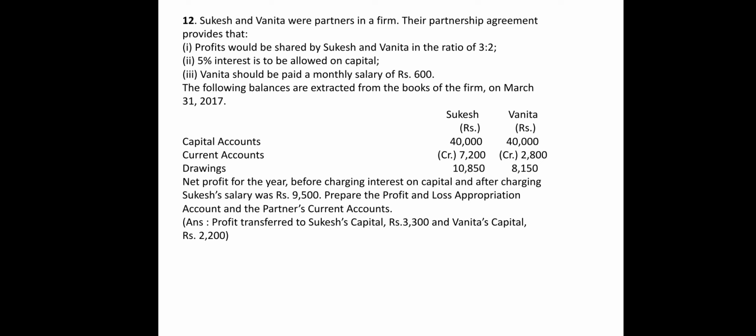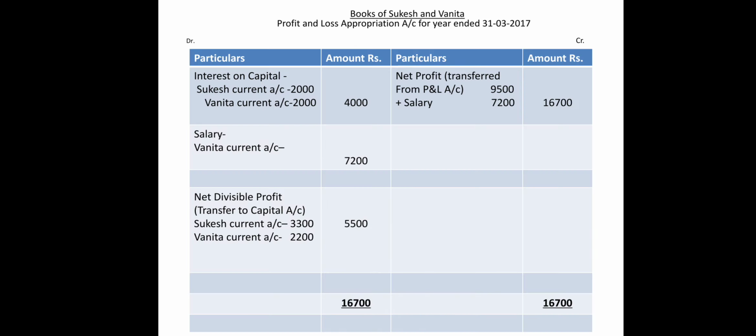This is a very ready-reckoner sum, so we have to first solve it in a comfortable way. Net profit for the year ended is given after charging interest on capital and after charging Sukesh's salary. In the last sum also, there was one like that, where net profit was given after charging the salary of a partner. So we are going to do the same thing we did in the previous one.